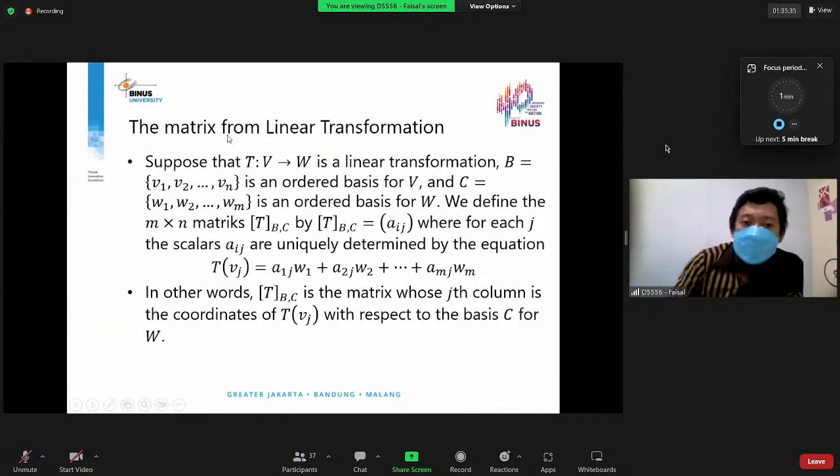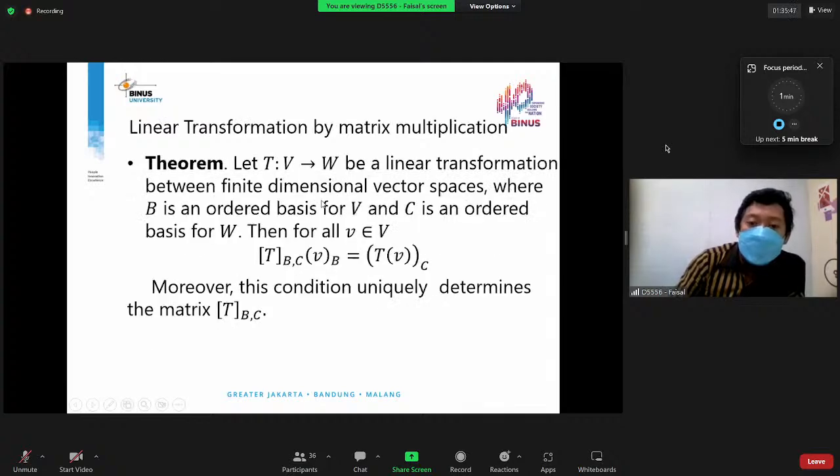The matrix of a linear transformation comes from the coordinate matrix with respect to an ordered basis in V and an ordered basis in W, if T is a transformation from V to W. So we can find the matrix of the transformation if we have the ordered bases of V and W.